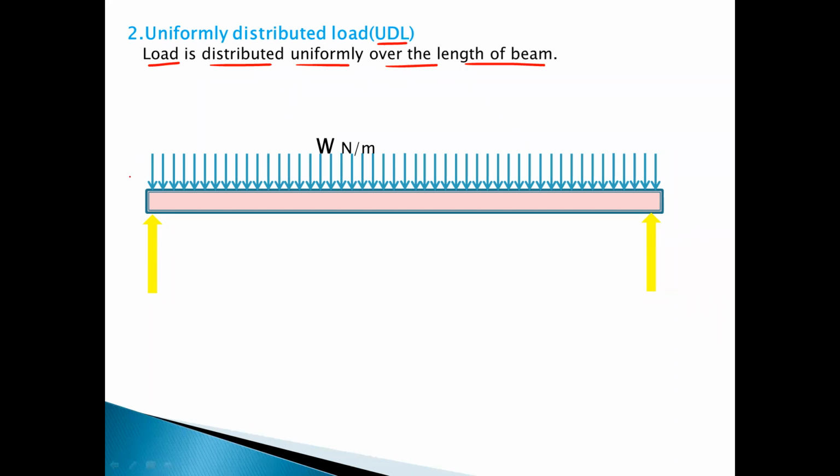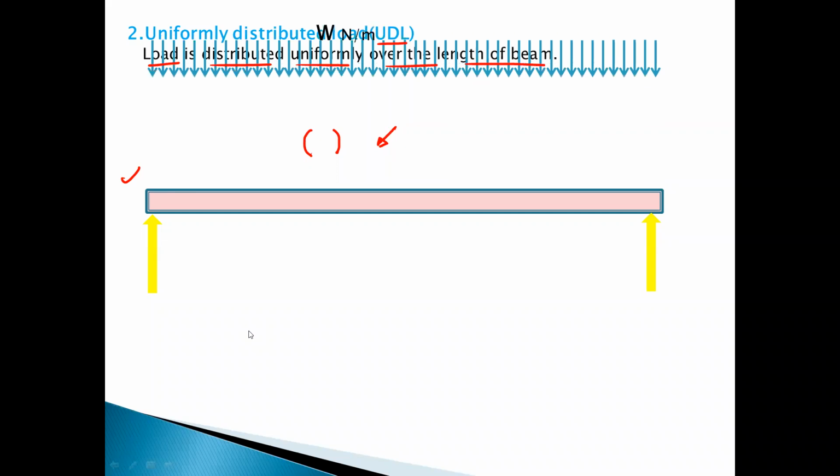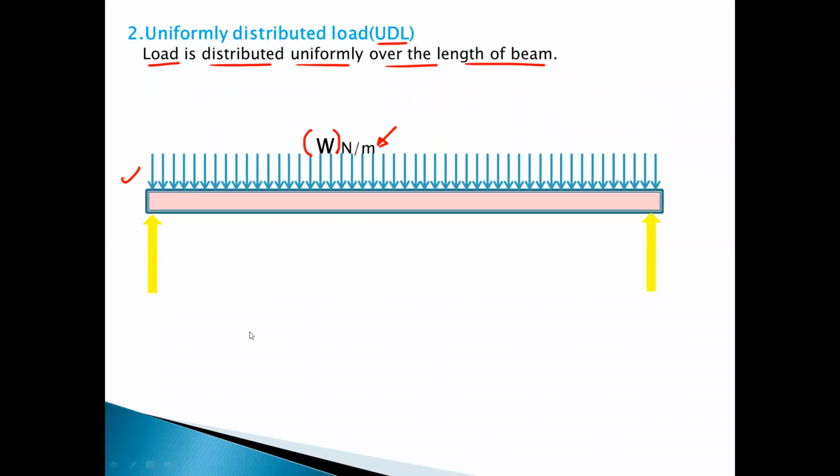This is the representation for the uniformly distributed load, and it is given as W, and its unit is Newton per meter or Newton per millimeter. So the load is distributed across the length of the beam. This type of load is used when we are calculating the reactions for beams.